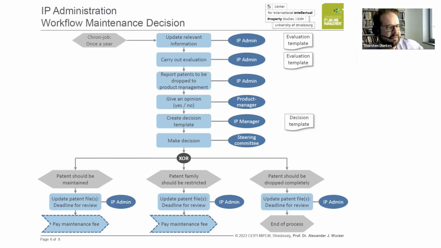All this information has to be collected, because if you don't have this full set of information, of course you cannot take an informed decision. That's usually done by an IP admin who collects the information and then forwards it to the product manager, as one exemplary workflow.